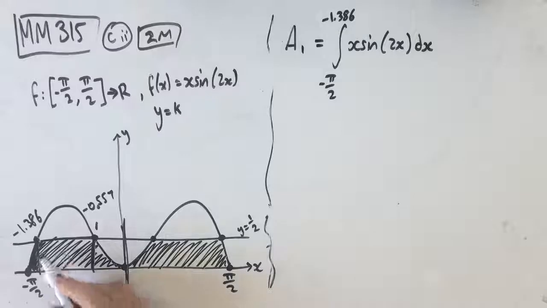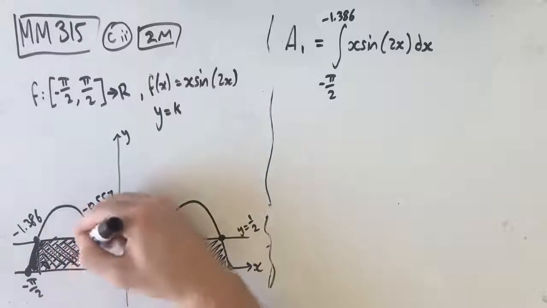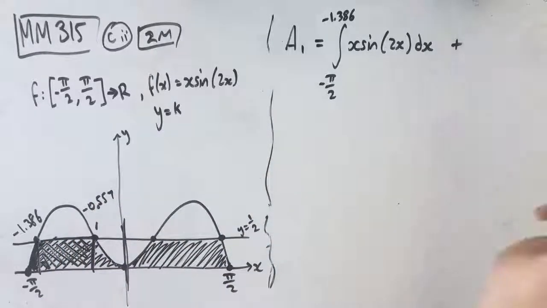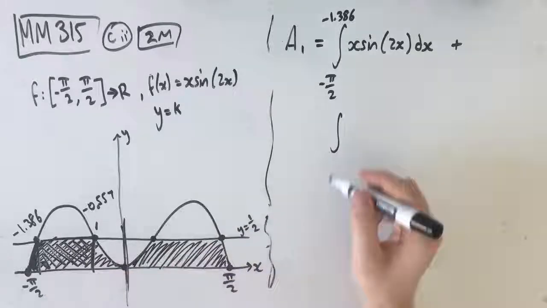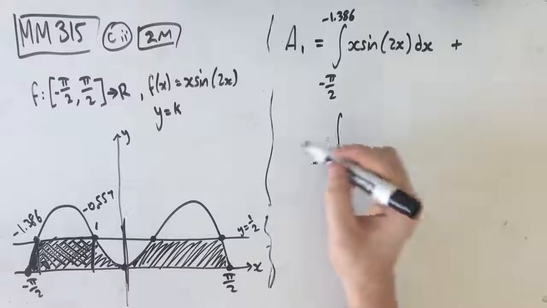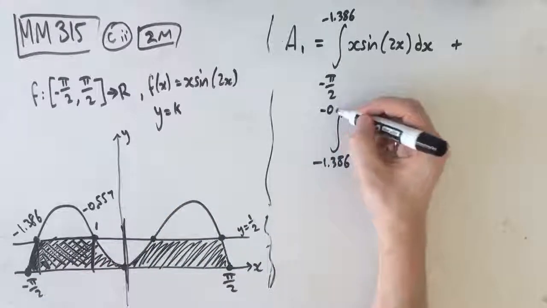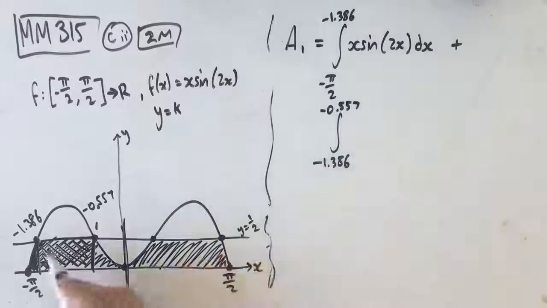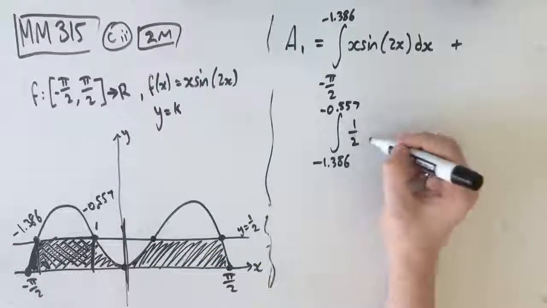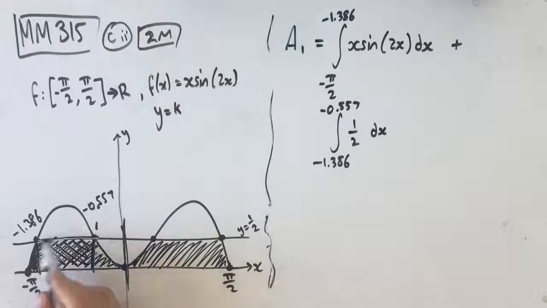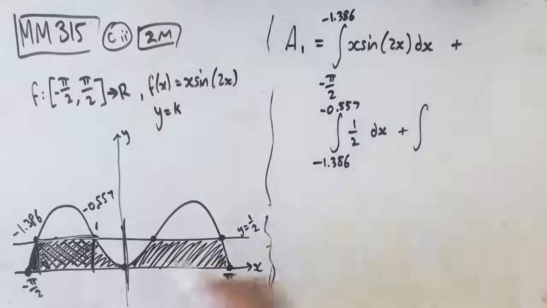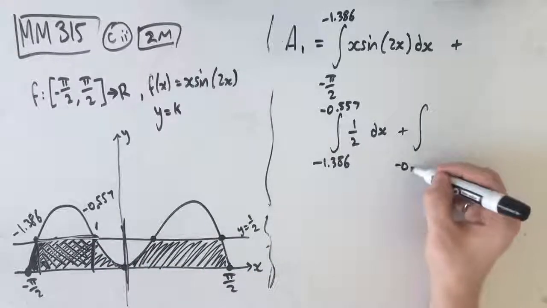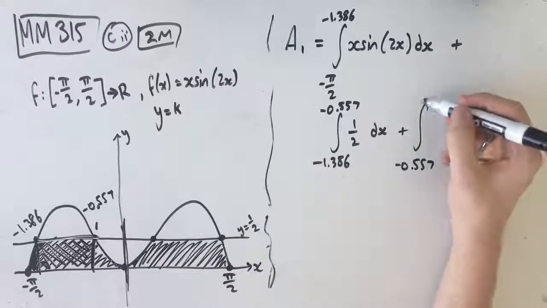Then we're going to add this area here, plus, I'm not going to have enough room, so I'll do it below, from negative 1.386 to negative 0.557 of 1/2, because that's the function we're dealing with. The area under that has nothing to do with f of x at the moment. Then plus from negative 0.557 to 0.